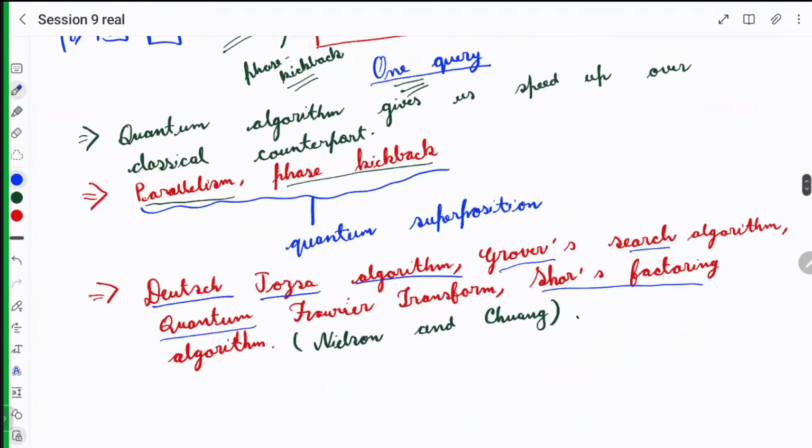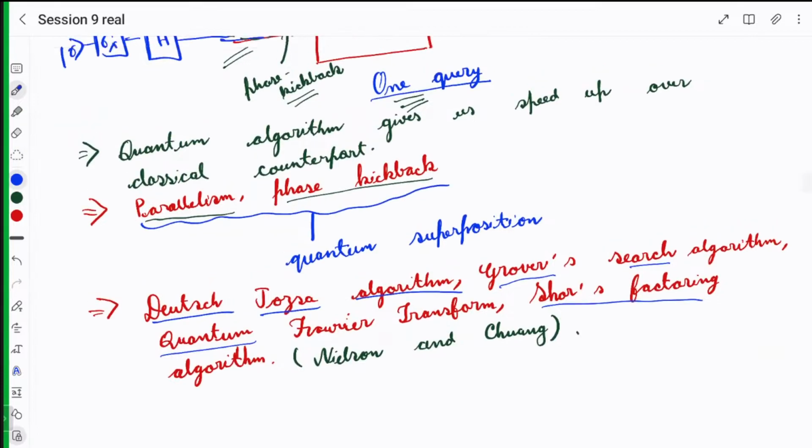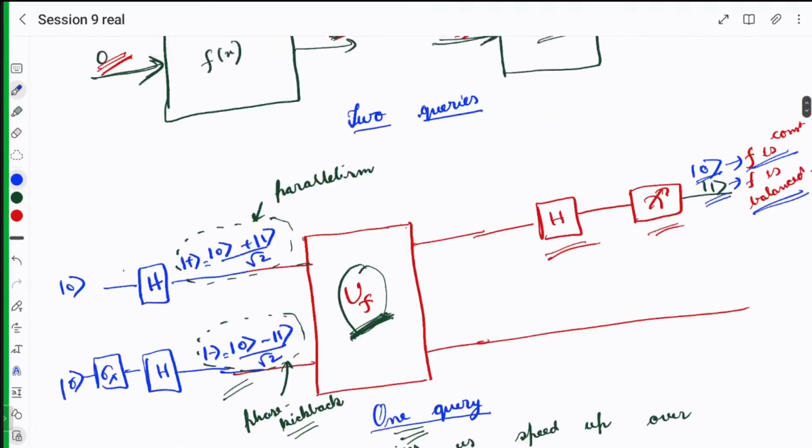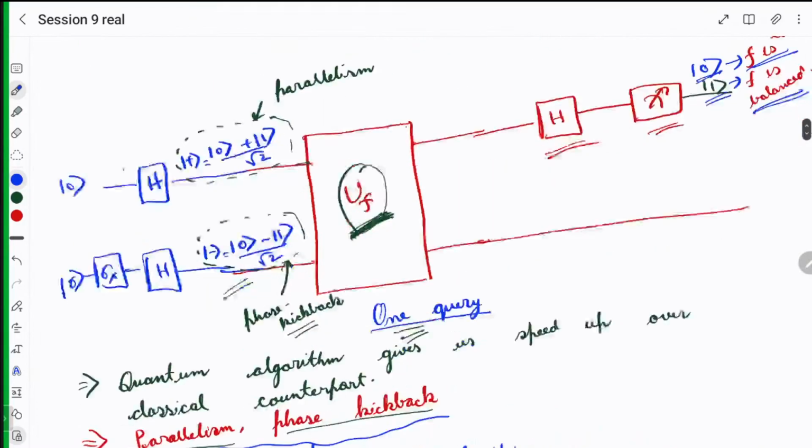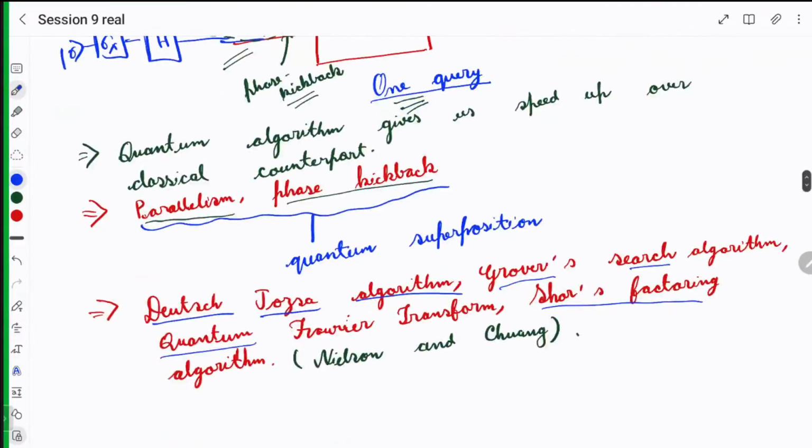All these algorithms can solve the problem faster than their classical counterparts. And just like here, it was able to solve in fewer steps, in these algorithms also you can show that the problem can be solved in fewer steps compared to the corresponding classical algorithms.